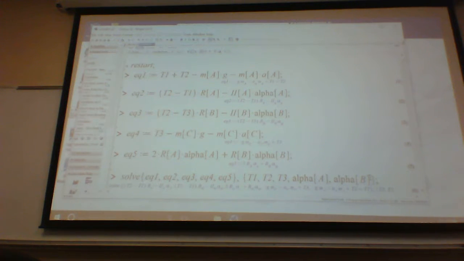This is what the equations we have over here. So we have T1, T2, T3, 4 problem with the 4 equations. Then we need to have one equation for, so we wrote that one over here that relates alpha A, alpha B. Yeah, that's good.